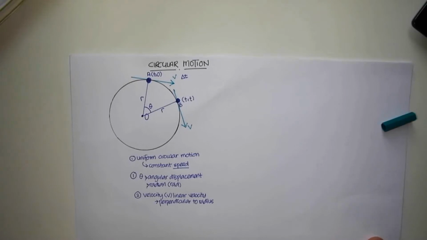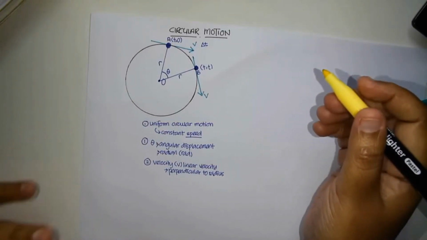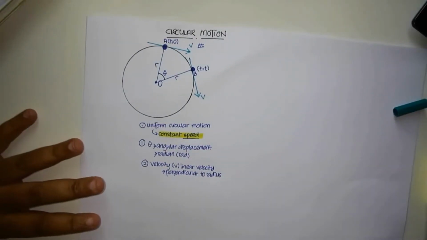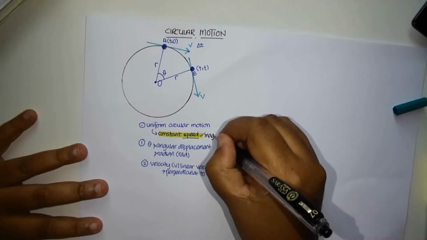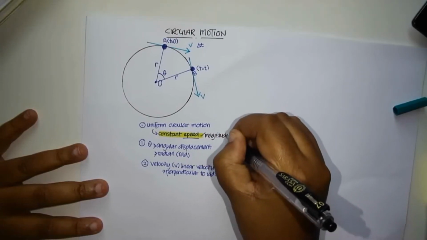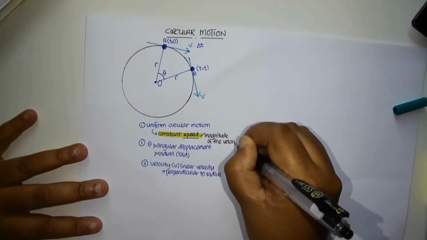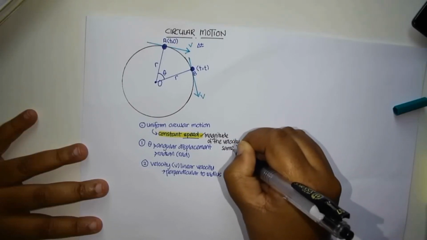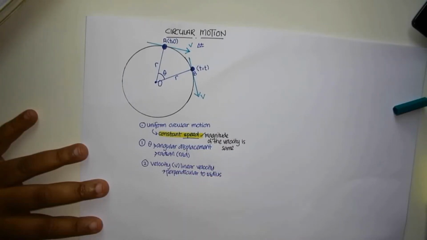Here the thing is, we know that the speed is constant. If the speed is constant, that means the magnitude of the velocity is constant. But here it says there's a velocity which is linear velocity, perpendicular to the radius.